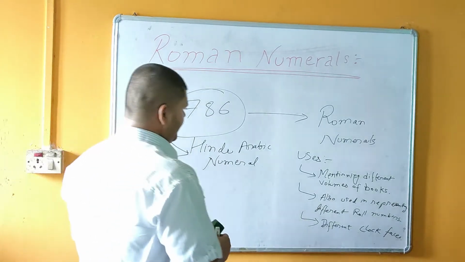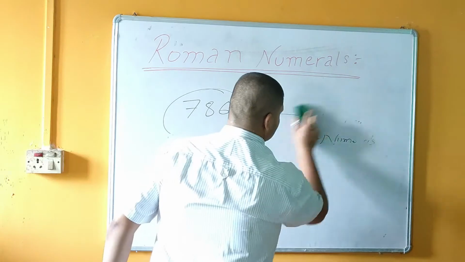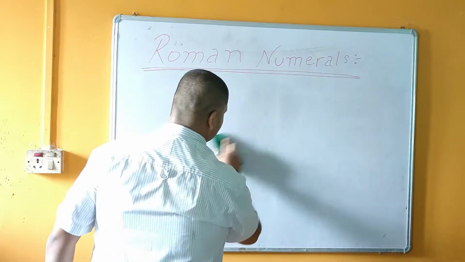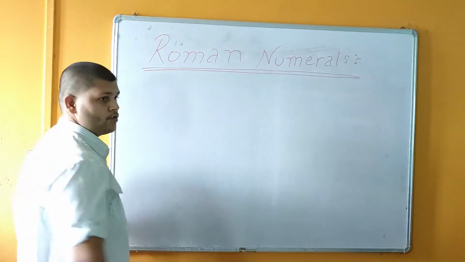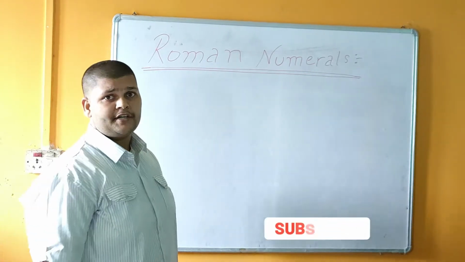So today we are going to see how to transform a Hindu-Arabic numeral into Roman numerals. This can be done with the help of certain rules.